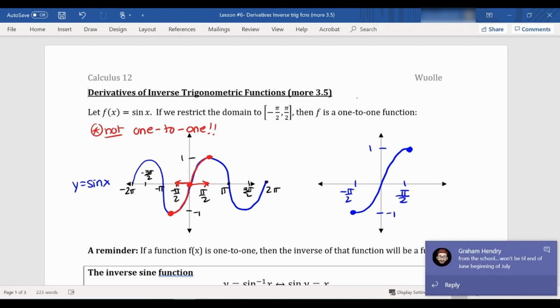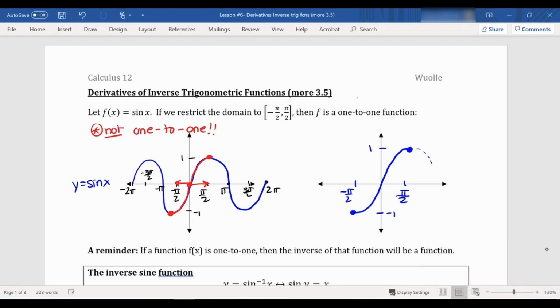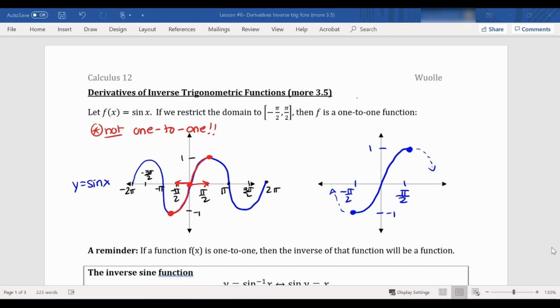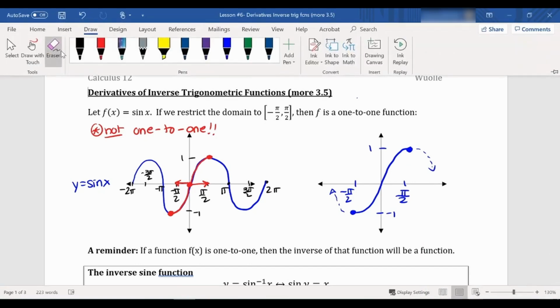As soon as I continue past this in either direction, I would no longer be 1-to-1, as I would have y values that repeat themselves.